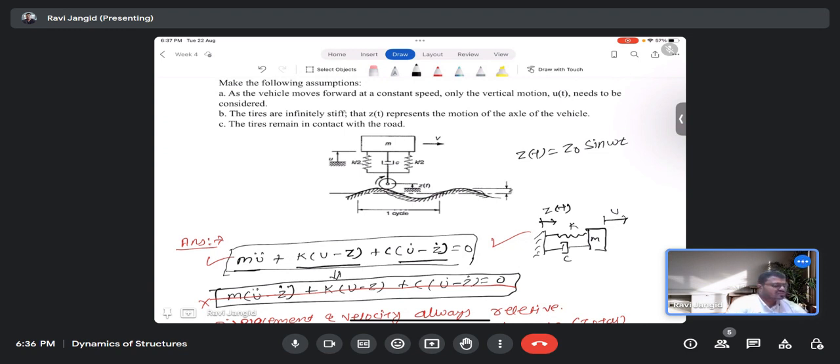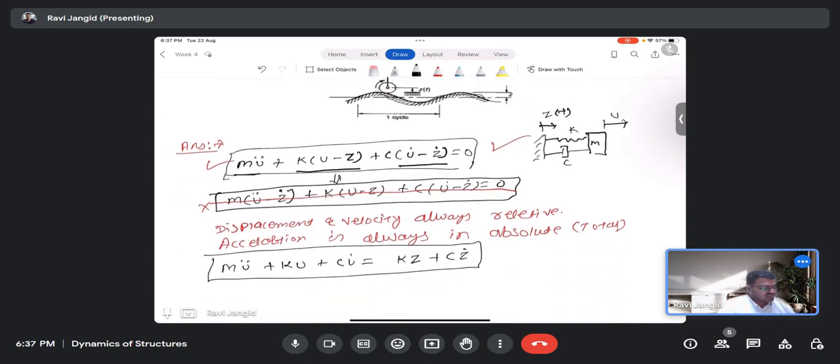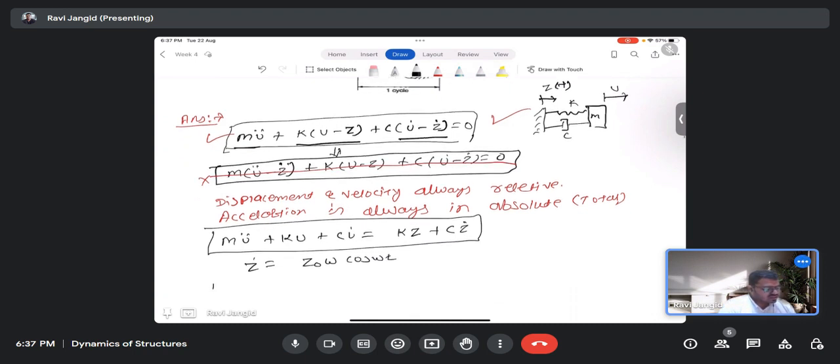If we put z(t) equal to z naught sine omega t, then z dot is z naught omega cos omega t. If I put this into the equation, m u double dot plus k u plus c u dot is equal to k z naught sine omega t plus c z naught omega cos omega t.